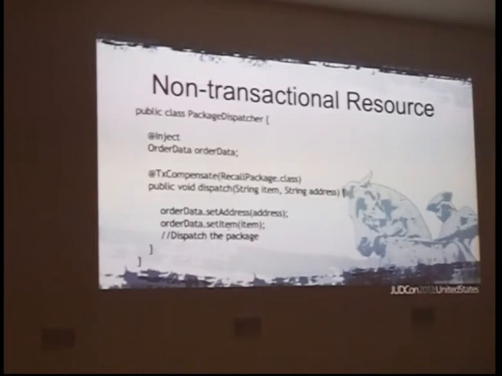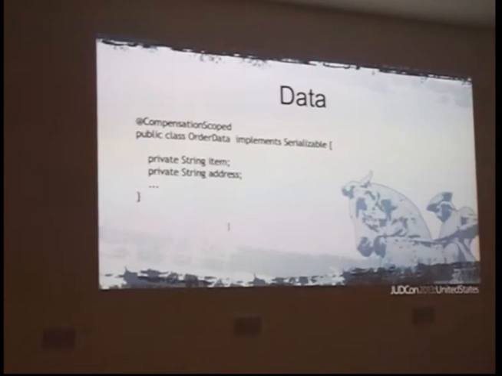Is that transaction scope, then, the order data? Is the checked that transaction scope? That's the next slide. Yes. Are you familiar with the JTA 1.2 transaction scope? It's basically the same as that.